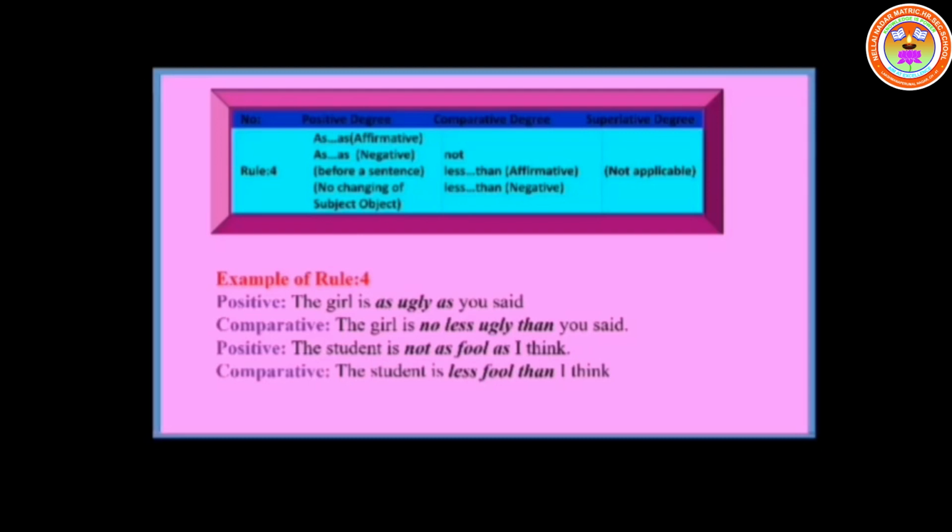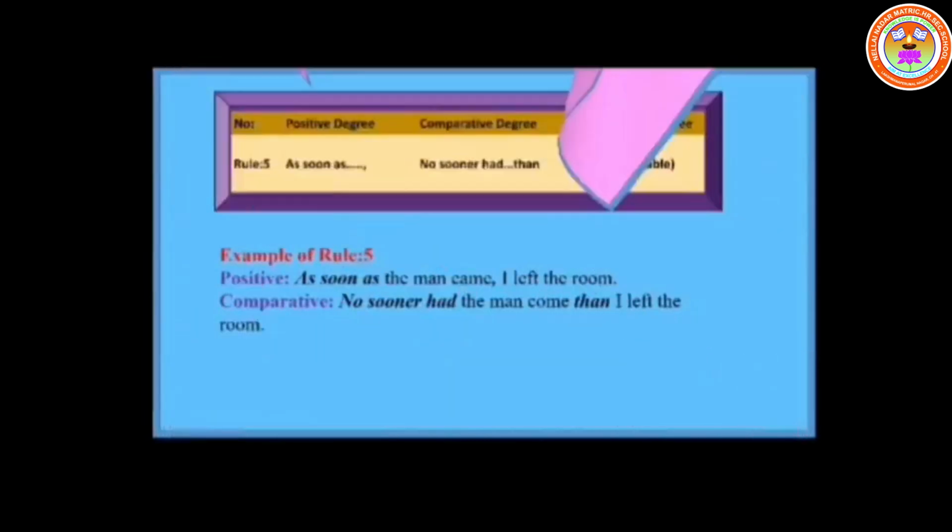Now let me go to the 5th rule. Here, in positive, if you have the conjunction as soon as, it will be changed to no sooner had than in comparative, and there won't be a superlative degree in this case also. Let me go to the example.